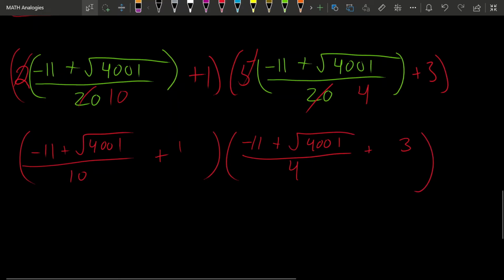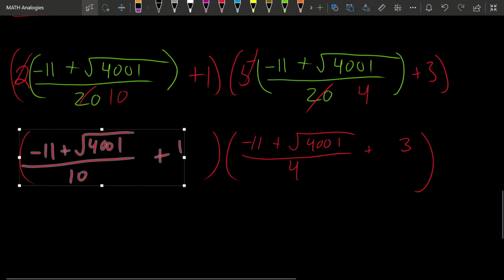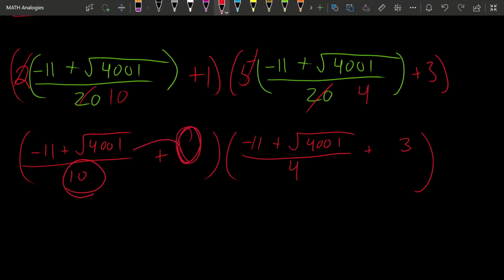Why not combine these? Let's combine the fractions. So let's get everything over 10. What's another way to write 1? 10 over 10. Alright, that was quick. What am I doing here? So we see there's a 10 down here. We want to combine this number to this fraction over here.